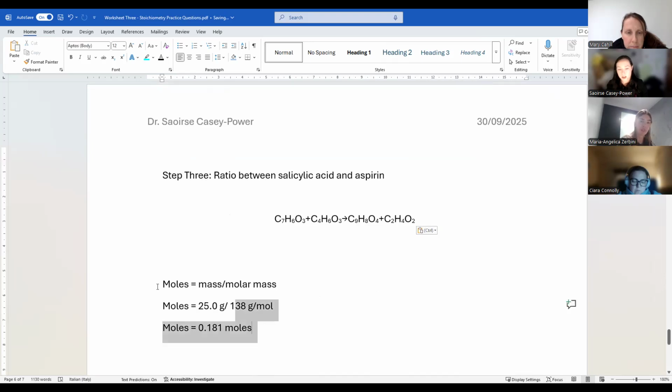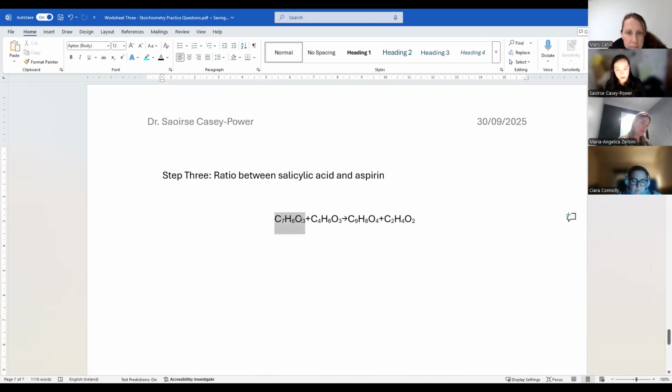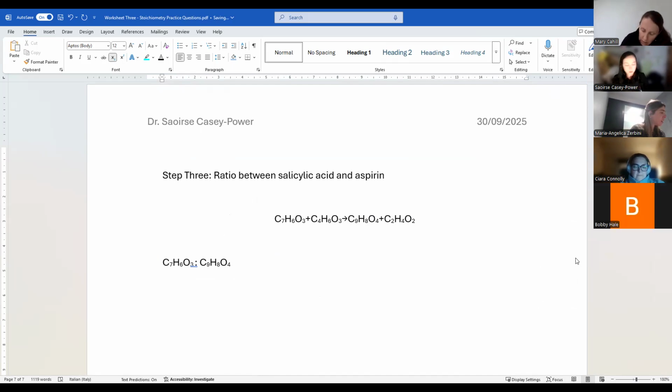So looking at our ratio then between our salicylic acid and our aspirin, which is C9H8O4. Okay, so can anyone tell me what the ratio is between both of those based on their coefficients? So looking at the balanced chemical equation itself.